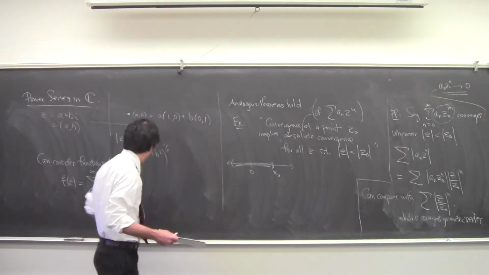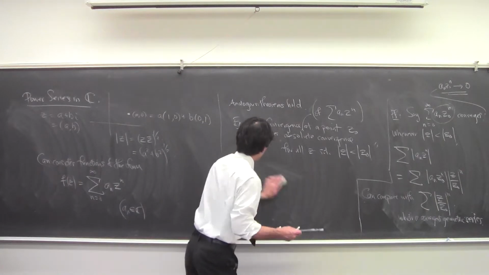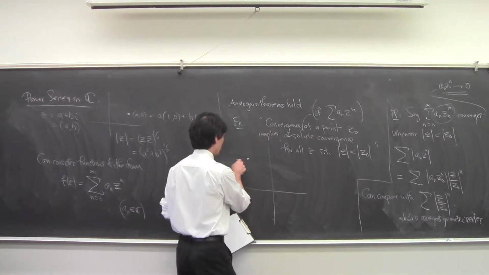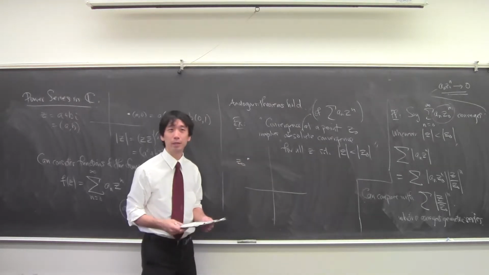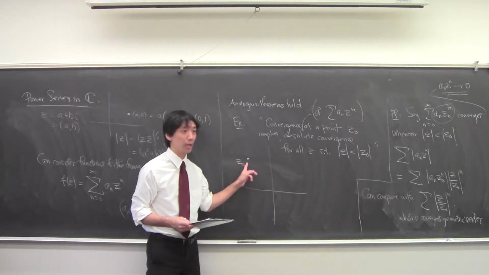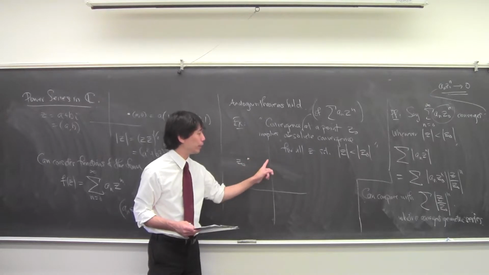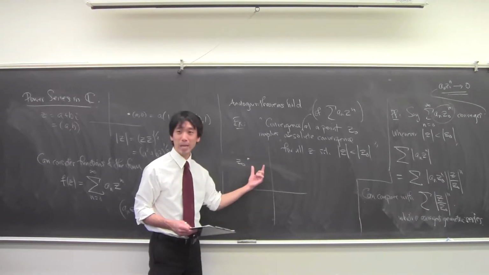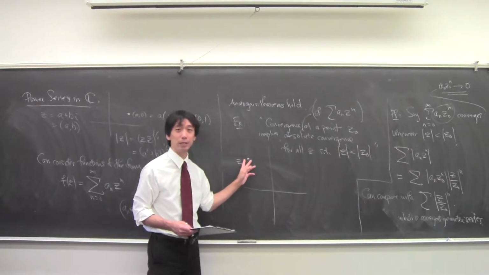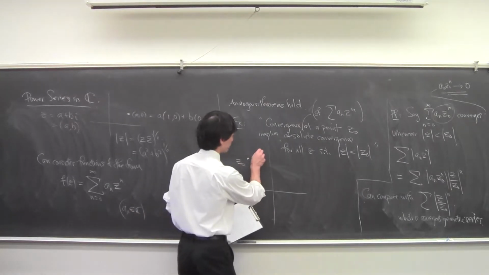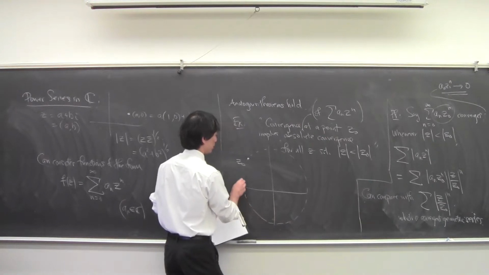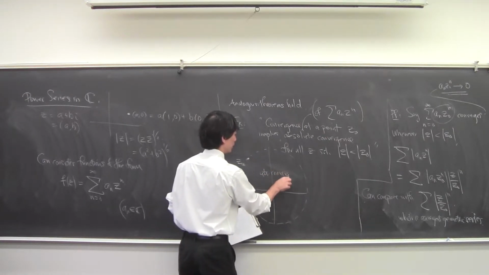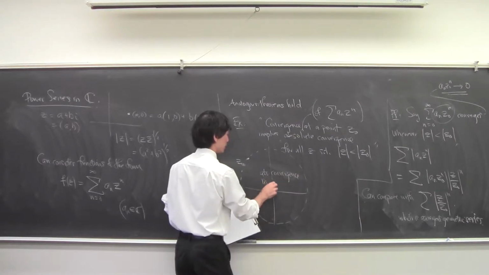So what we get in the complex plane is this. If you converge at some point z naught, then you absolutely converge for every point of magnitude less than that of z naught. In other words, you have absolute convergence in this disk.